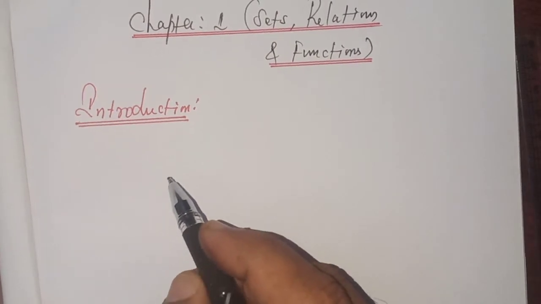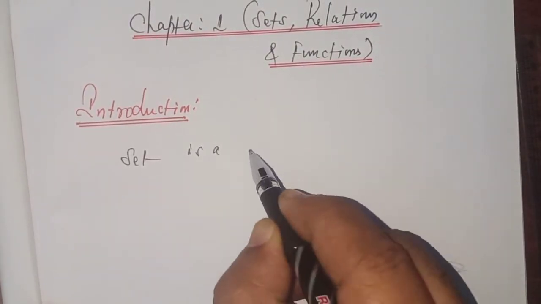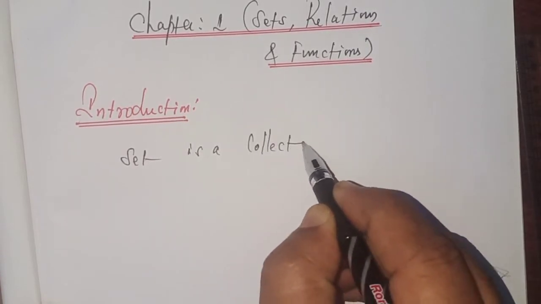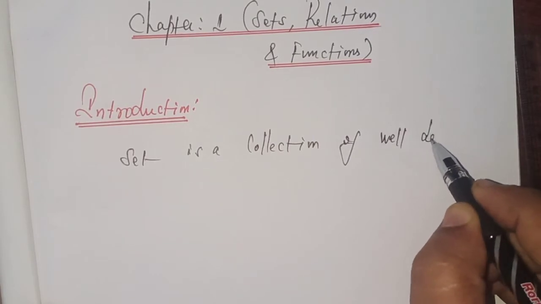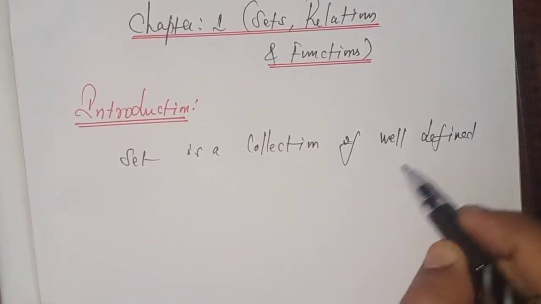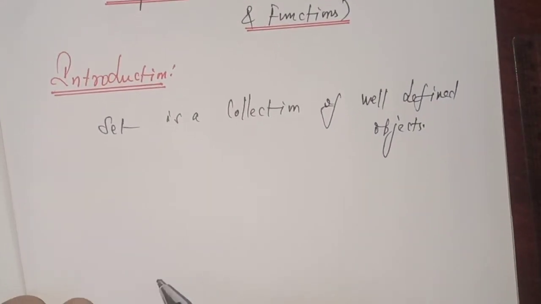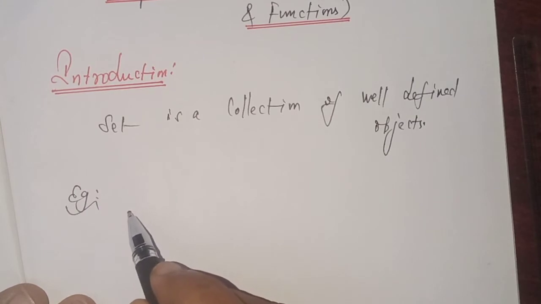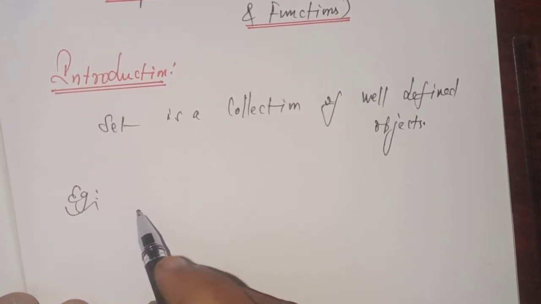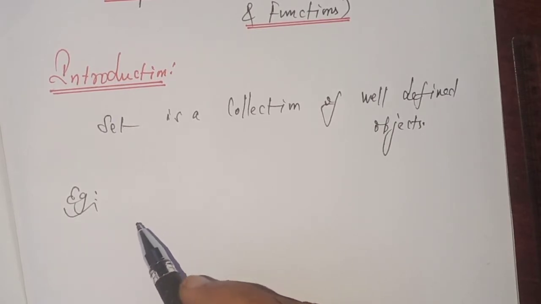A set is a collection of well-defined objects. For example, the set can be represented by any one of the English alphabets of capital letters.